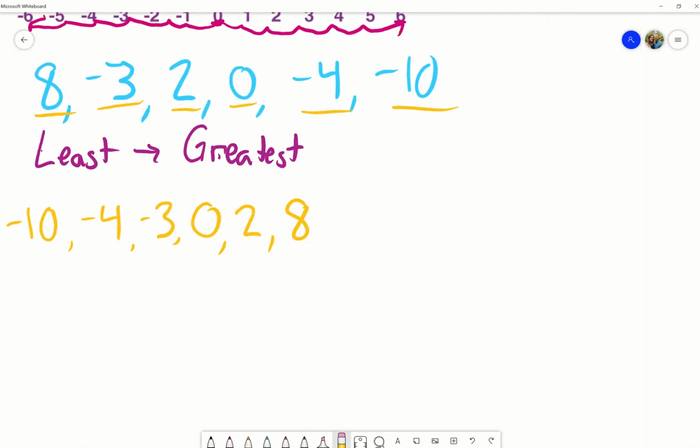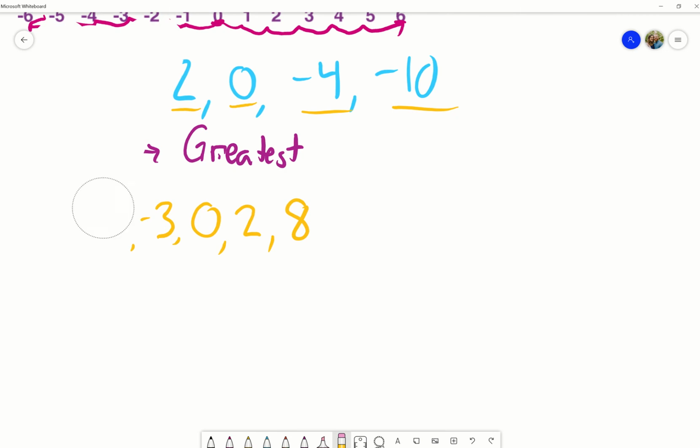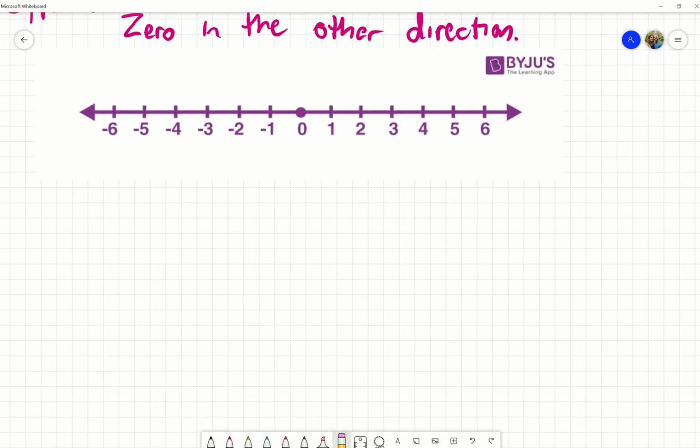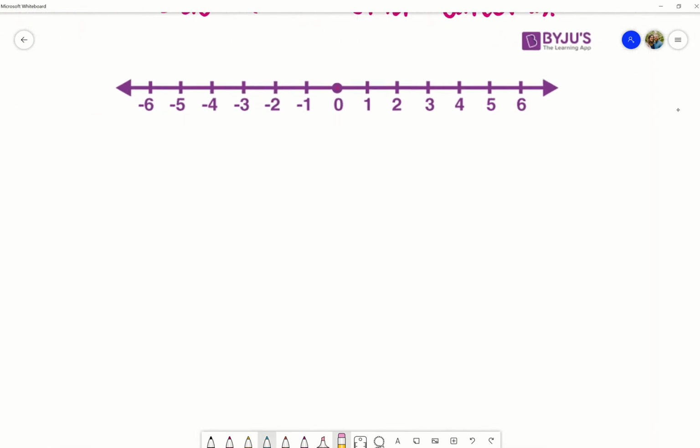And then there is one more thing I want to talk about today. I need this number line again. We'll go with a nice green color and say this is called absolute value.